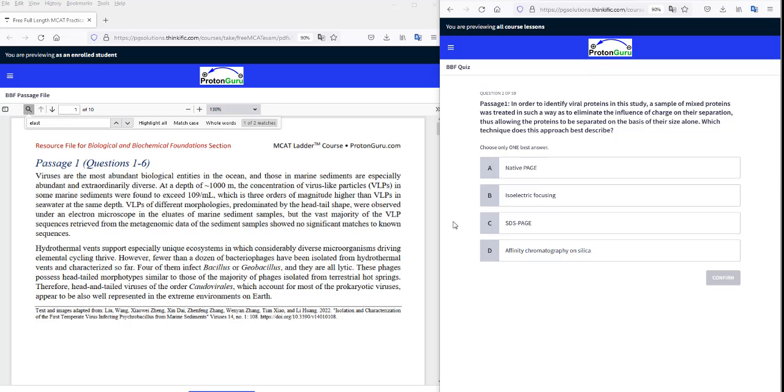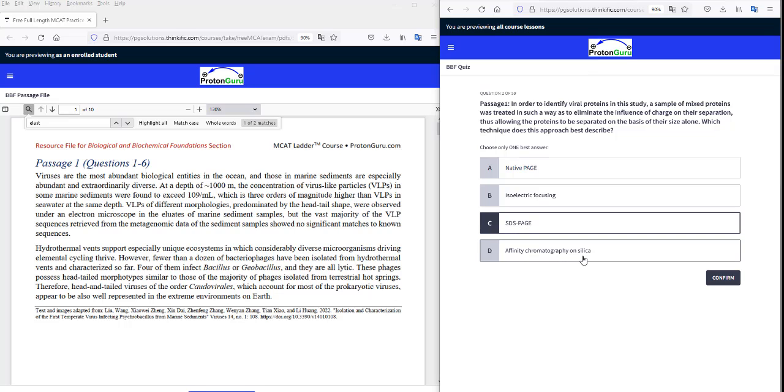Now if we think about each of these techniques, the native PAGE can separate proteins on the basis of both size and charge. They're both important. If we use isoelectric focusing, we are intentionally trying to separate things on the basis of their isoelectric point, which has to do with their charge at different pHs. With SDS-PAGE, though, you add SDS, an anionic species, sodium dodecyl sulfate, to make all the charges pretty much the same and separate on the basis of size alone.